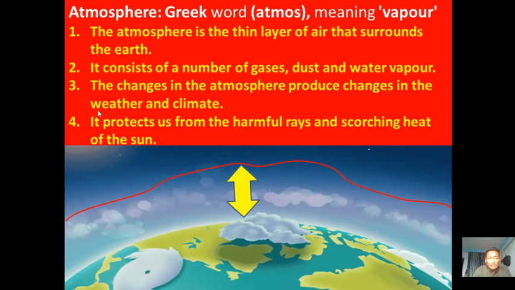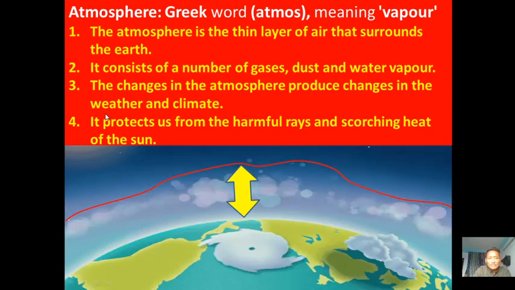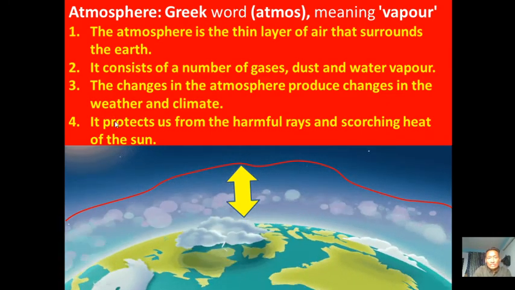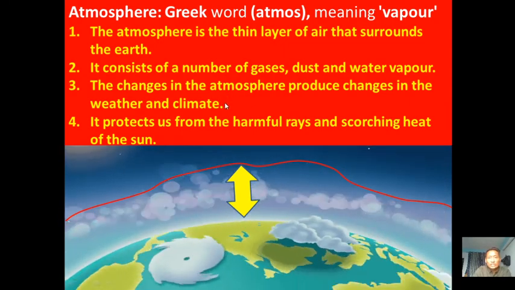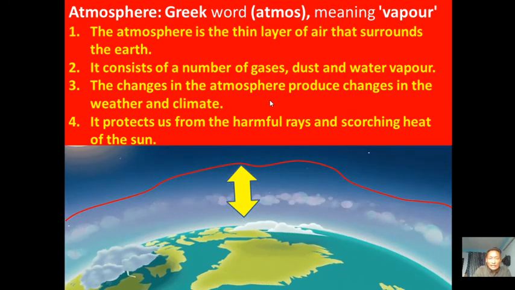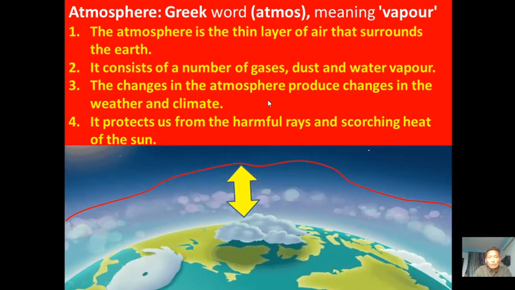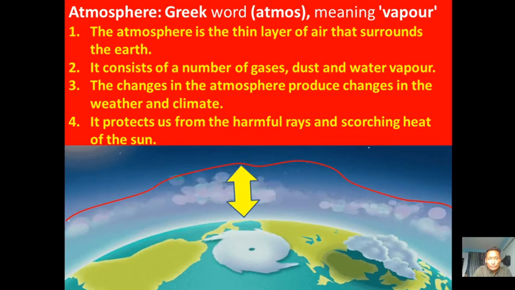So here we need to know the differences between weather and climate. Weather means day-to-day changes in the atmosphere, day-to-day change in atmospheric condition. Atmospheric condition means sunlight, rainfall, clouds.